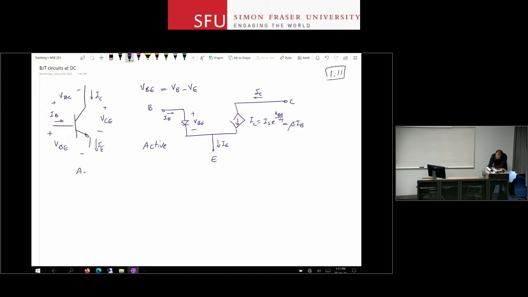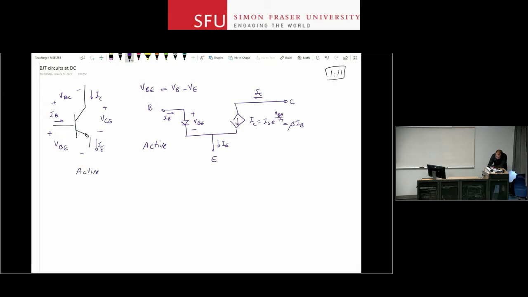Well, we said there are three regions that we usually use these devices in: active, cutoff, and saturation. And there was a reverse active that we tried to avoid. It should not happen normally.